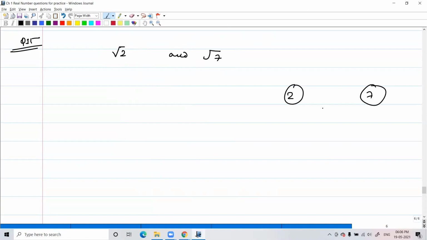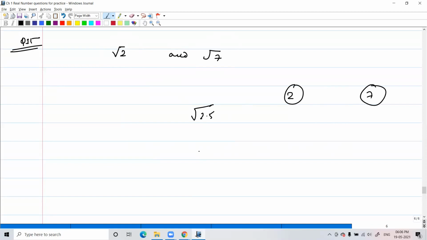2.5, sir. Okay, yes, that is right. See, if I take 2.5, what happens?